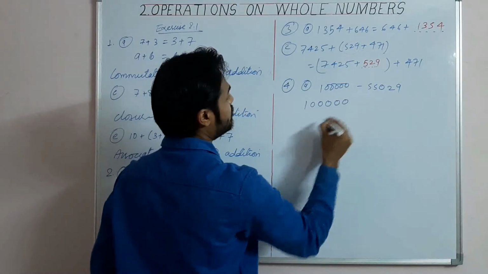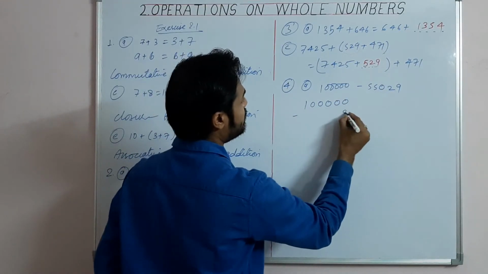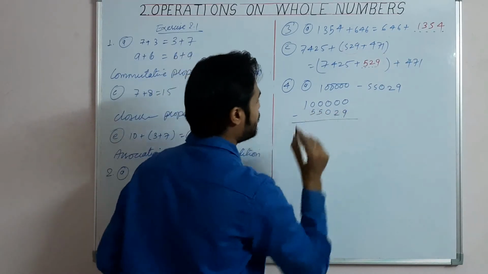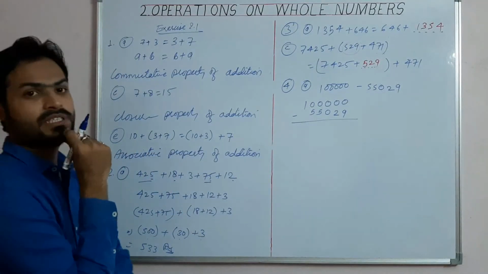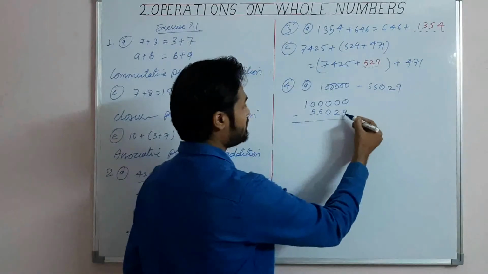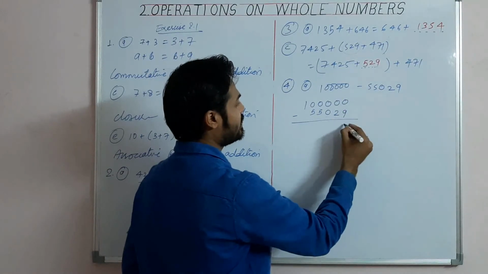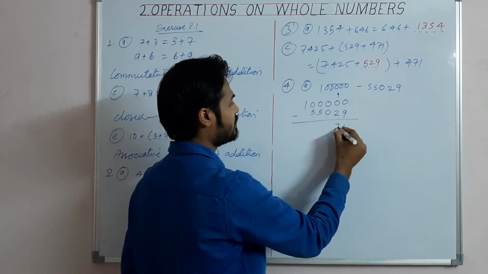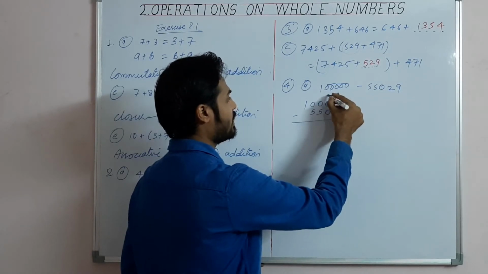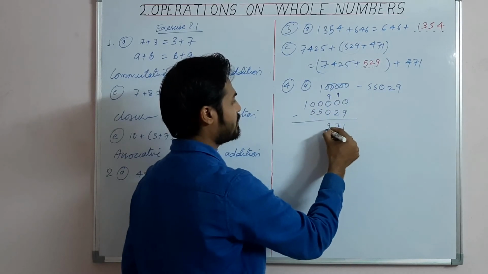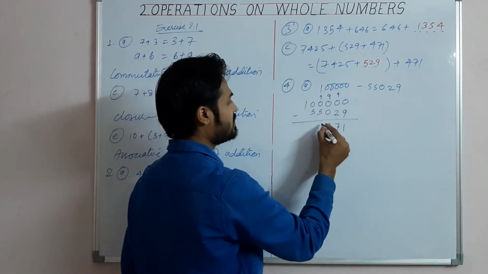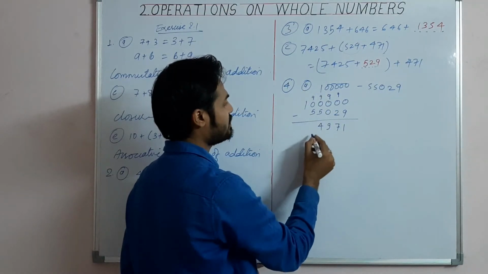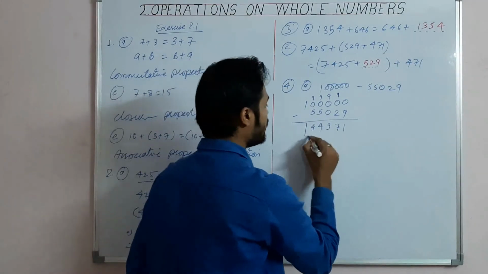For proper subtraction we'll write 92055, and I think you know how to perform this operation. 0 minus 9, or you can say here 10 minus 9 is 1. Now this becomes 9. 9 minus 2 is 7. Again this becomes 9. 9 minus 0 is 9. Again this is 9. 9 minus 5 is 4. And here again 10 minus 1 is 9. 9 minus 5 is 4. So this is our answer.